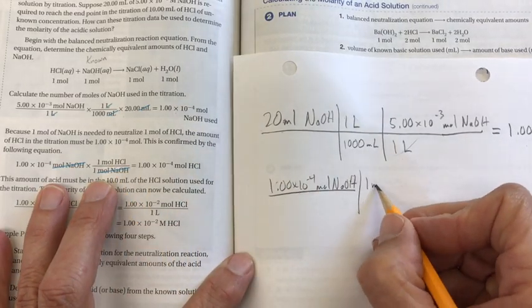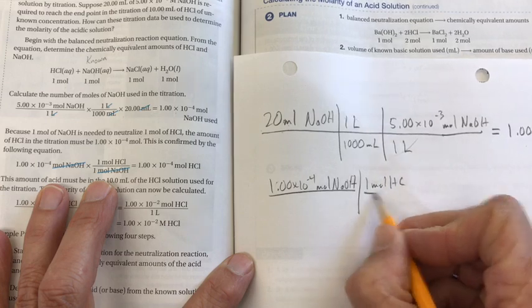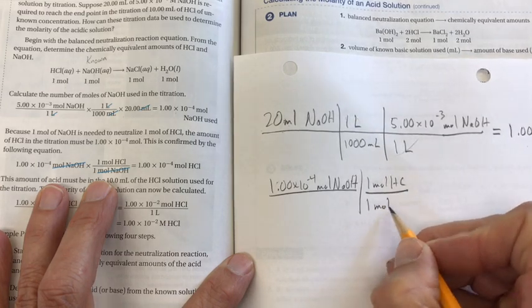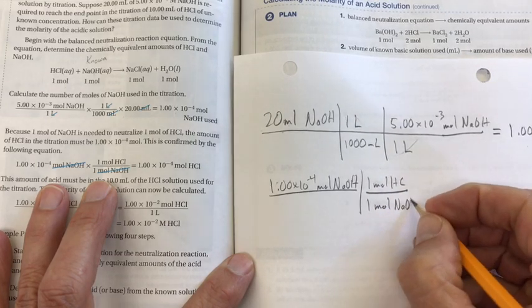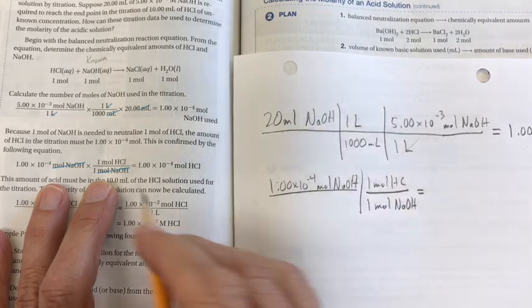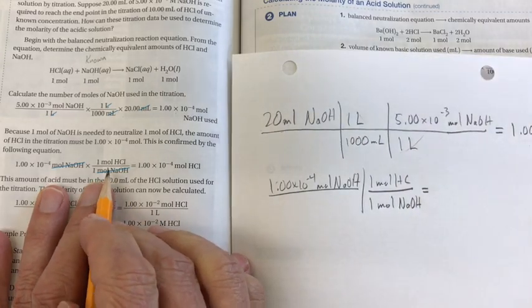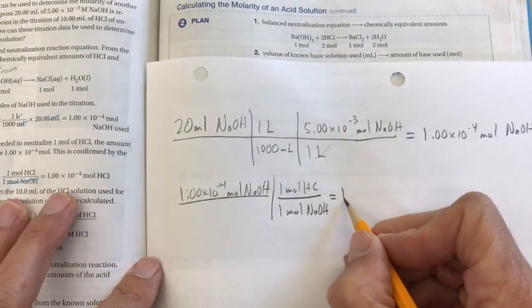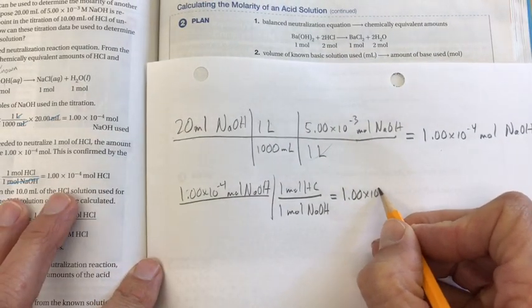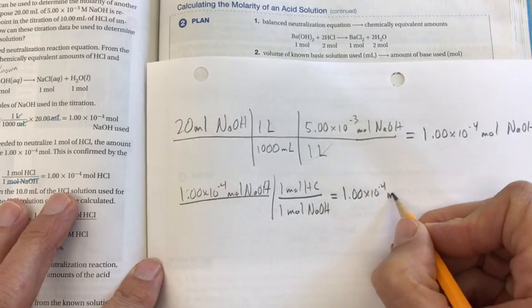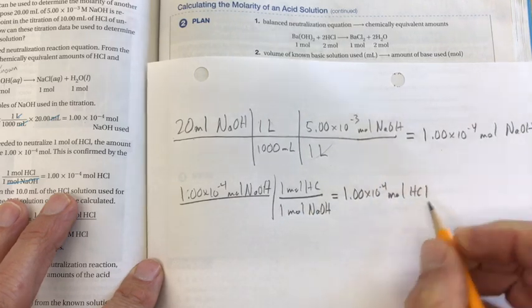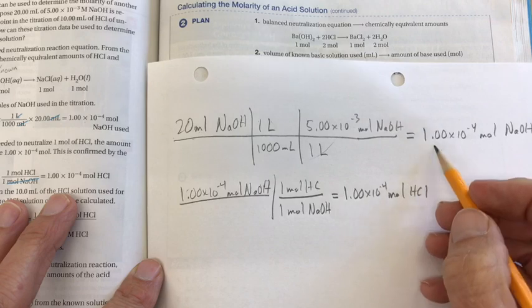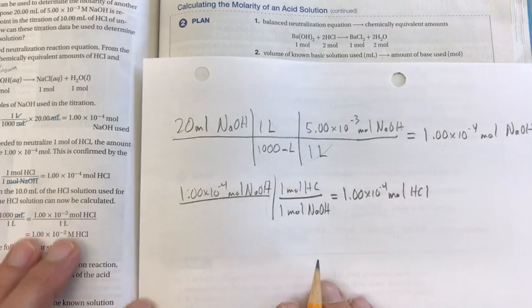So we have 1 mole of HCl to 1 mole of NaOH. And like I said, this math is so easy because it's a 1-to-1 ratio. We get the exact same number. Ta-da! But it's a different substance. It was moles of HCl. It's a 1-to-1 ratio. The numbers are the same, but we had to do the mole ratio.